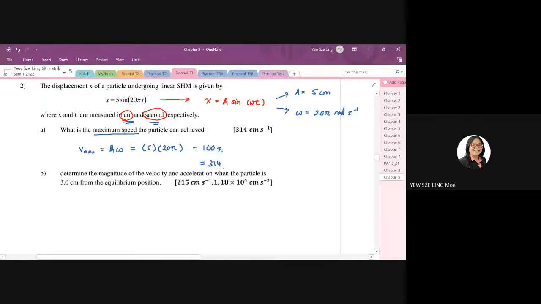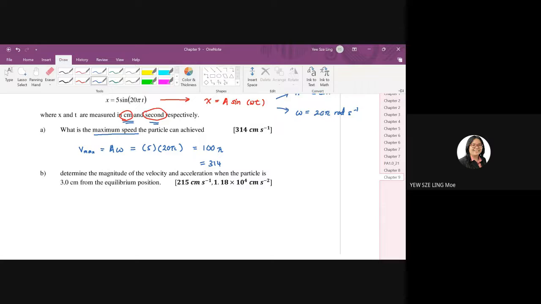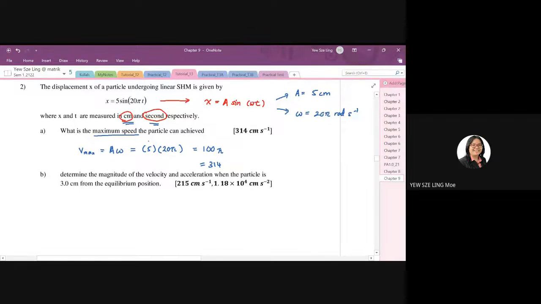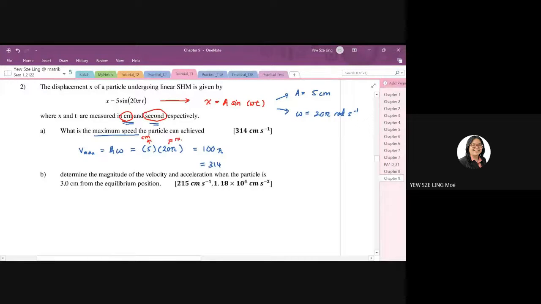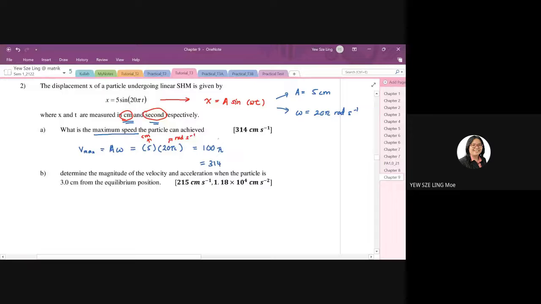Now, what is the unit for this 314? You go back to the unit for A and omega. In my calculation, my amplitude is in terms of cm, and omega is radian per second. Usually we don't keep radian in our final answer for velocity, acceleration, and so on. We just write the s.